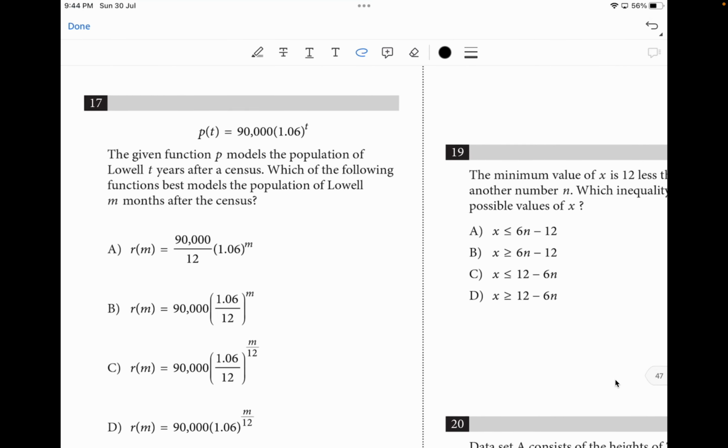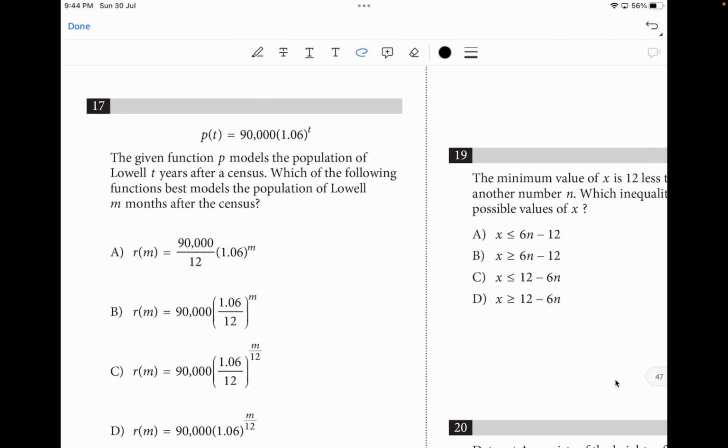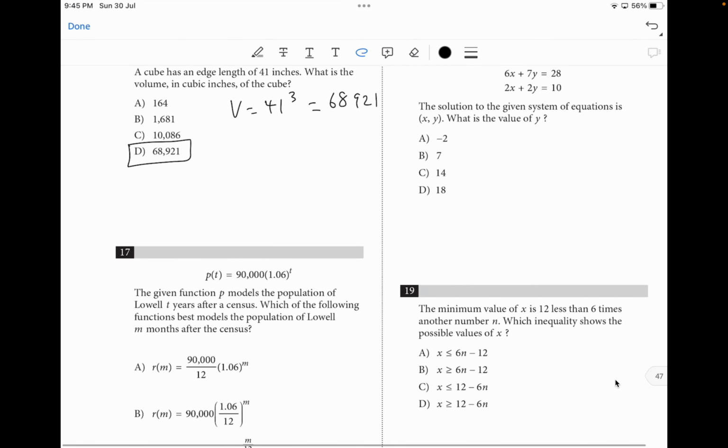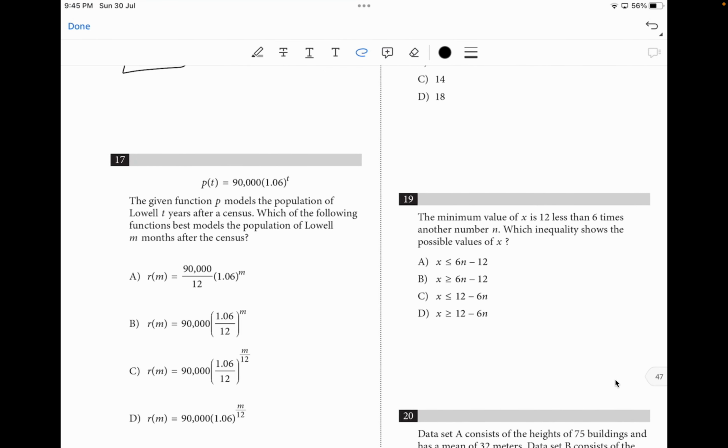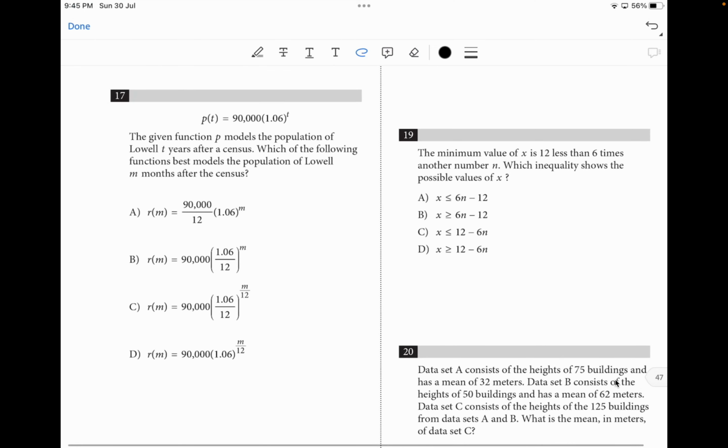Now question number 17. The given function P models a population of Lowell T years after a census. Which of the following functions best models the population of Lowell M months after the census? We can see that there's a function shown, and we need to find which choice best models it.